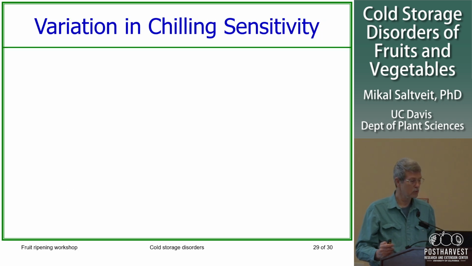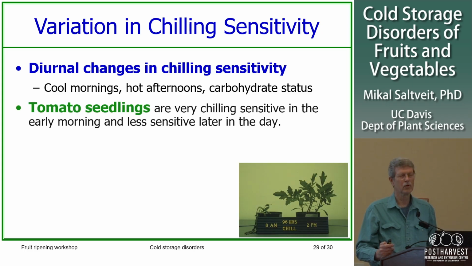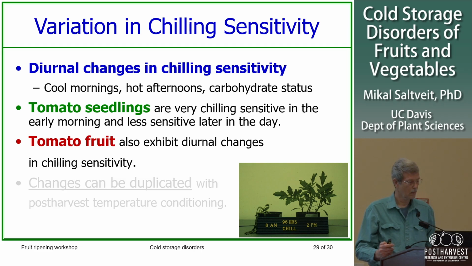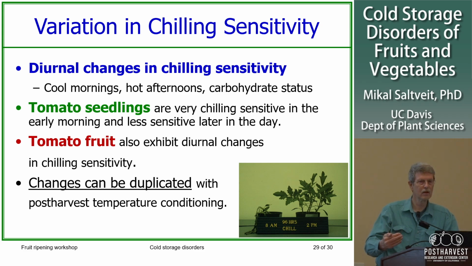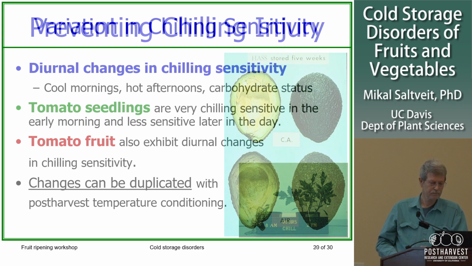So there are diurnal changes in chilling sensitivity. They change during the day. Commodities harvested during the heat of the day are more susceptible than commodities harvested during the cool part of the day. All right, changes can be duplicated in the environment. So you can take the plasticity of the commodity and enforce this by different conditioning treatments.